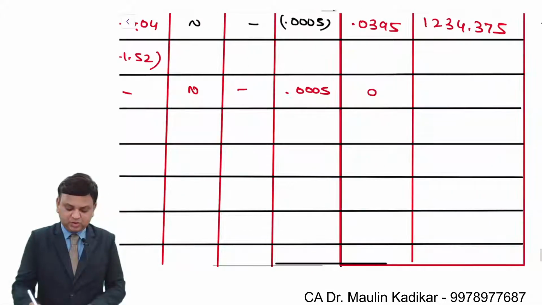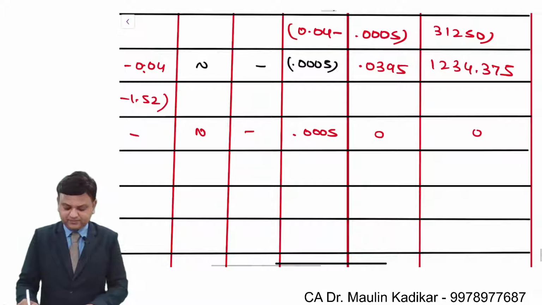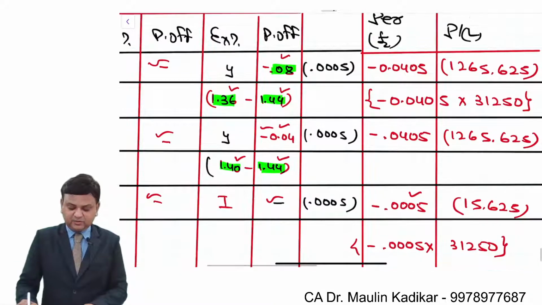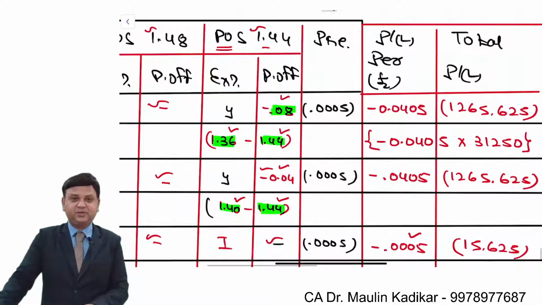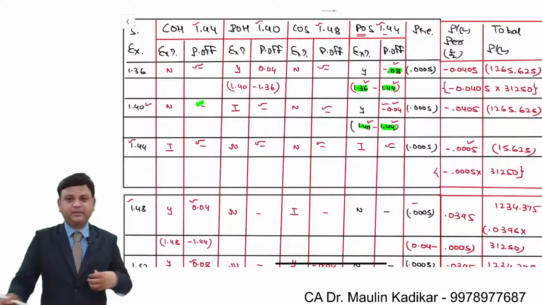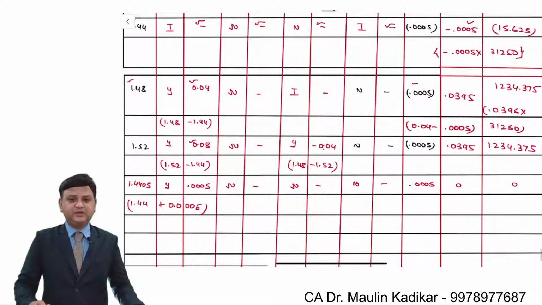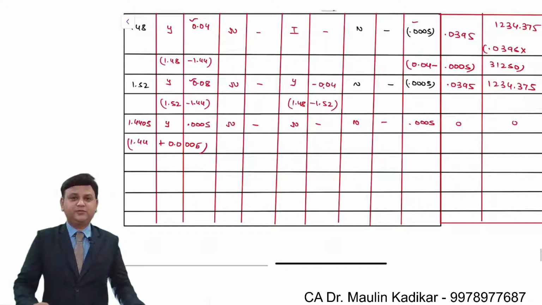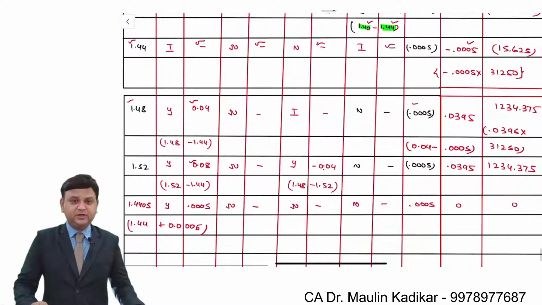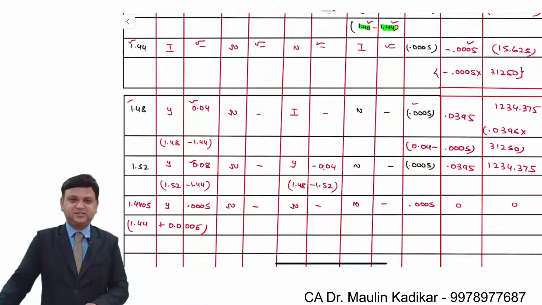So that is a situation of no profit, no loss. That is the way we are required to make the computation of the break-even spot price. So this is the way we are required to make the computation of the answer for the overall profit or loss, for different spot exchange rate, and along with that we have made the computation of the break-even spot price.